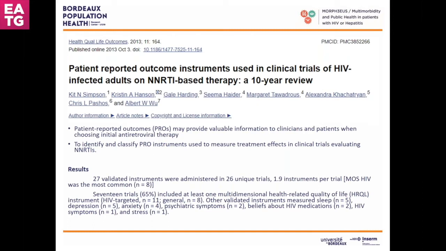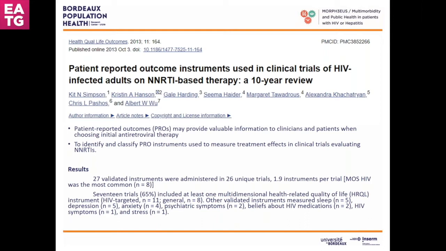Now, patient-reported outcome instruments have been used in clinical trials in HIV-infected adults. This particular review is looking at an RTI-based therapy over the last 10 years by Simpson and colleagues. Now, they're convinced that patient-reported outcomes may provide valuable information to clinicians and patients when choosing that initial therapy. And they wanted to identify and classify patient-reported outcome instruments used to measure these treatment effects.